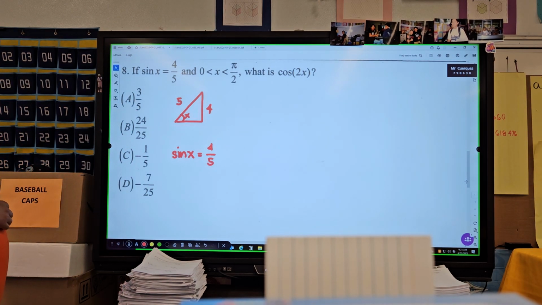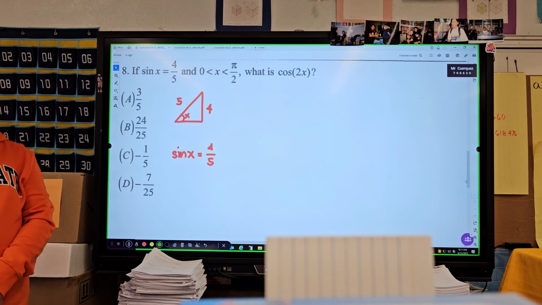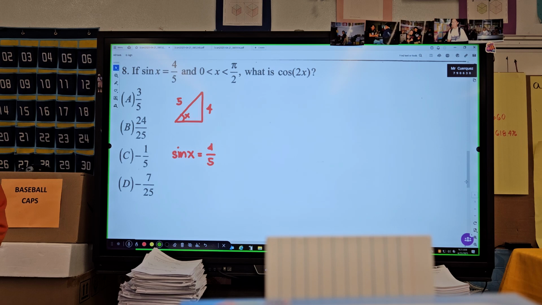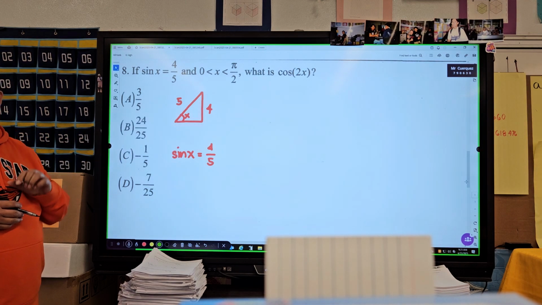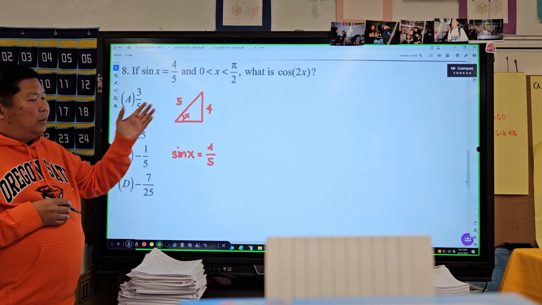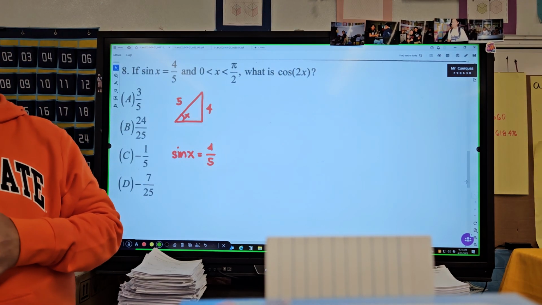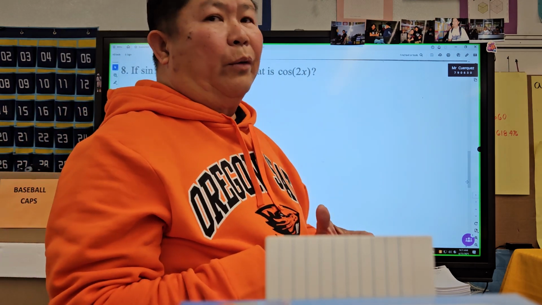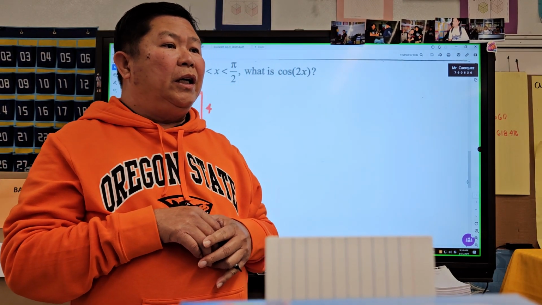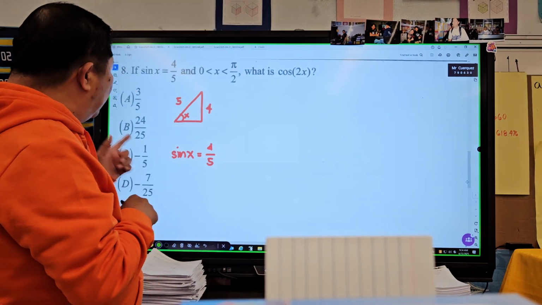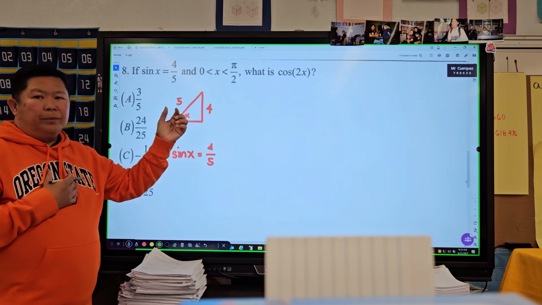Now, next function, I'm gonna use green color. What is this right here as the unknown? What is the next trig function after sine? We have cosine, right? What is cosine? The adjacent side over the hypotenuse. So we're gonna solve for the adjacent side. Remember the Pythagorean theorem.